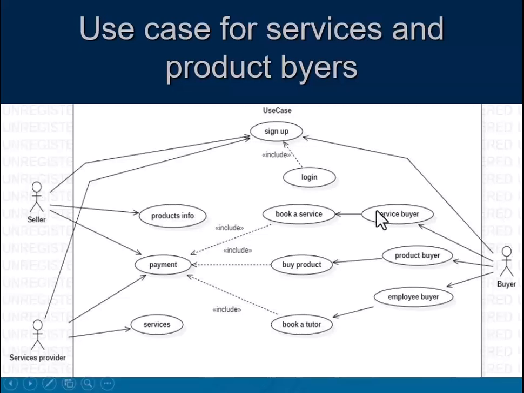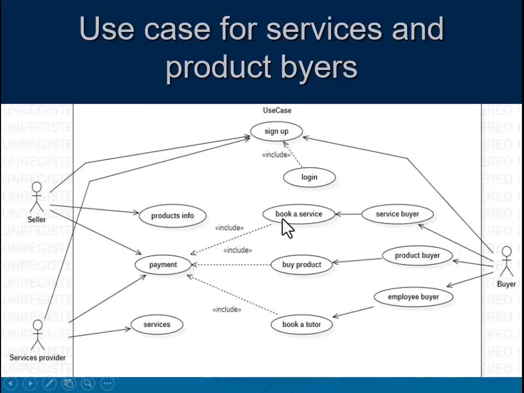So here this use case interacts with this use case. Similarly, product buyer use case interacts with the buy product use case, and the employee buyer use case interacts with the book tutor use case, and all these interact with the payment.